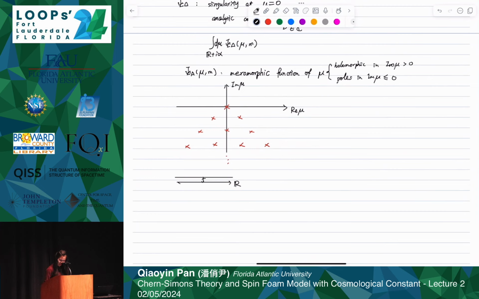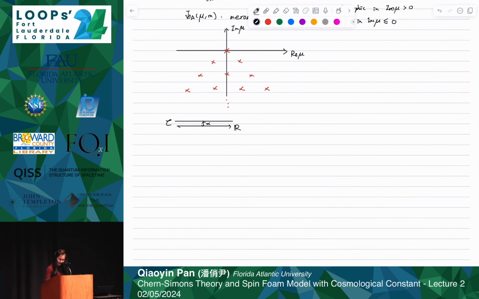Say the distance is alpha, and this becomes a new integration contour. I just fix the imaginary part, and I call the imaginary part of mu equal to alpha, and the imaginary part of nu equal to beta, I denote it in this way. And as long as I can make sure that these imaginary parts satisfy some condition, I call it P. This is called the positive angle structure.